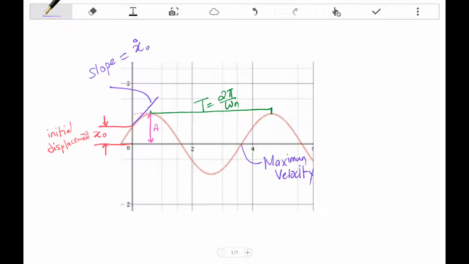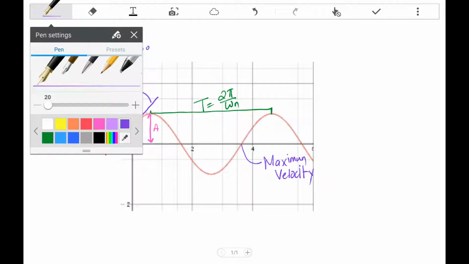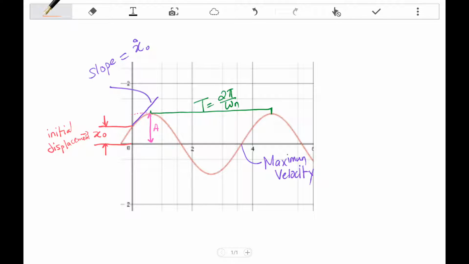Okay, and alrighty, so let's see here. This baby here, this right here, that's your phase angle. That's represented by phi over omega n.